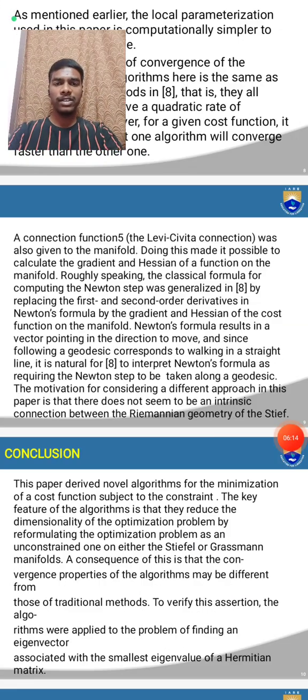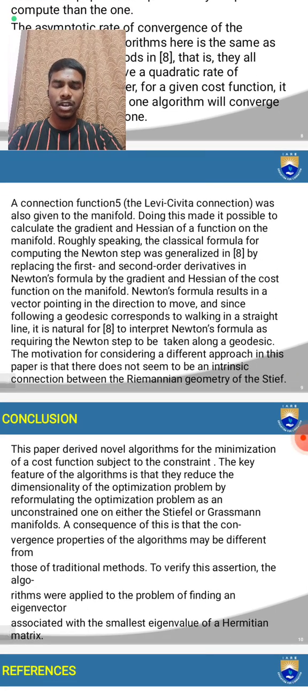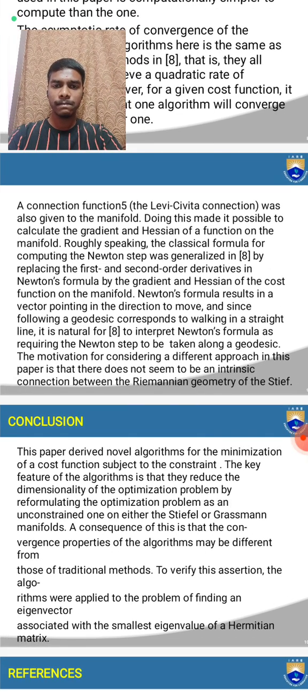A connection function was also given to the manifold. Doing this made it possible to calculate the gradient and Hessian of a function on this manifold. Roughly speaking, the classical formula for computing the Newton step was generalized by replacing the first and second order derivatives in Newton's formula by the gradient and Hessian of the cost function on the manifold.